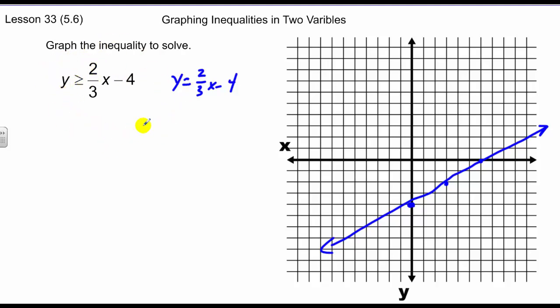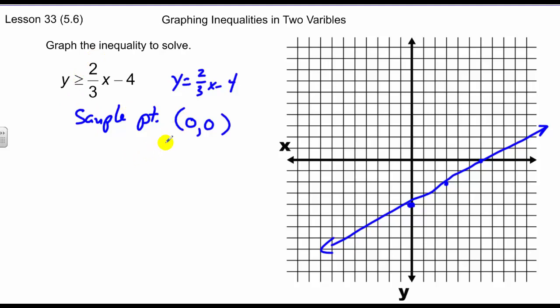So what I do is I pick what's called a sample point. A sample point can be any point in my graph, but I tend to pick an easy point of 0, 0 if it's on one side of my graph. So I'm going to plug in the point 0, 0 and see if that's in the solution set for this particular graph.